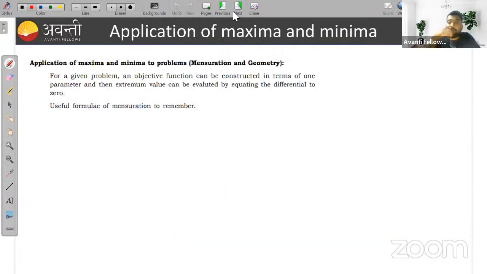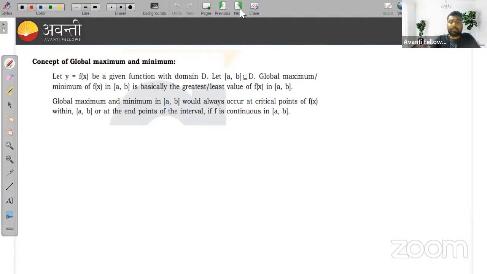And application of maxima and minima. चलो ये सही है. Concept of global maxima and global minima, है ना? Already I have told you, है ना? Suppose ये तुम्हारा एक curve है, ठीक है?